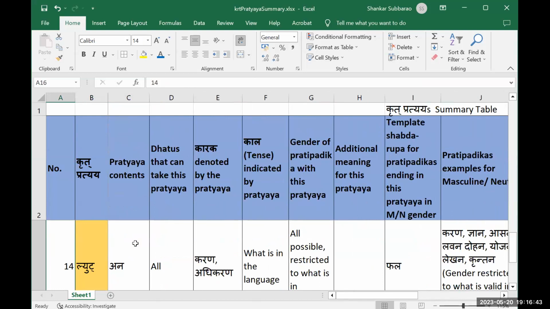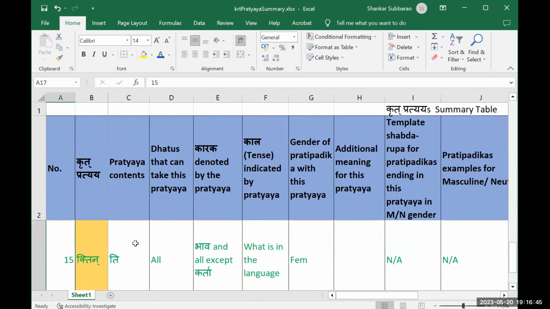And one last pratyaya, ktin, which is in the sense of bhava, and very interesting, all karakas except karta. All karakas except kartr karaka, you can add the ktin pratyaya.